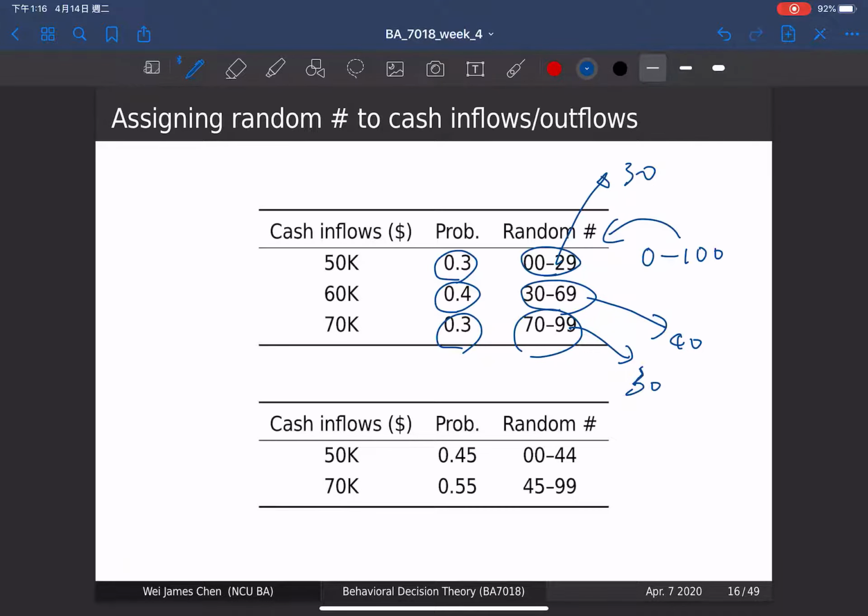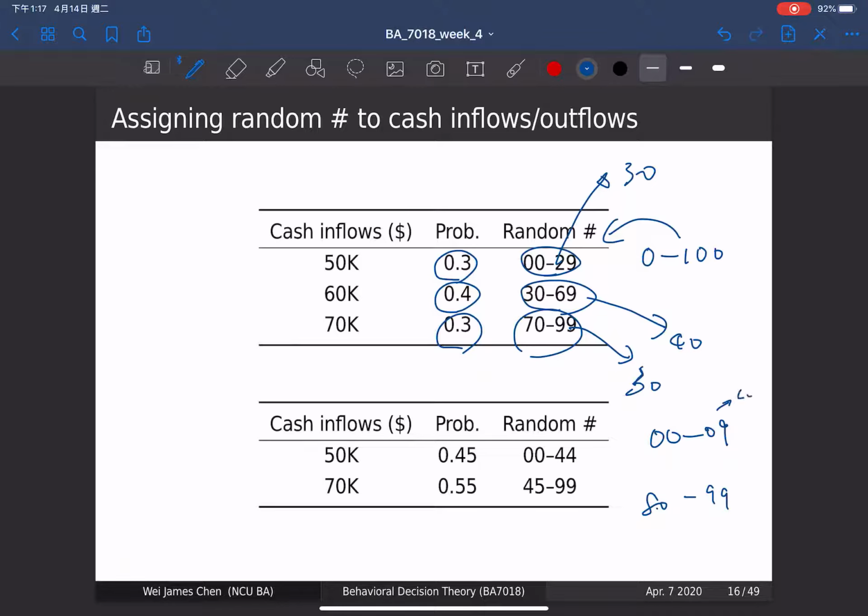You can also say 00 to 09, and 90 to 99. Or 80 to 99.